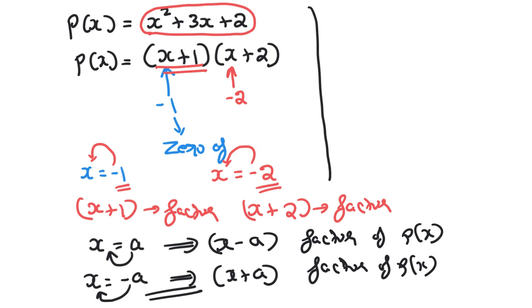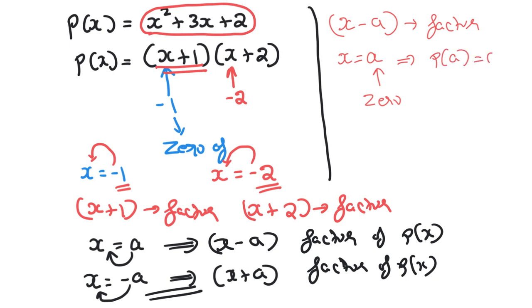Let's do it the other way now. If x minus a is a factor of the polynomial, can I say x is equal to a, and a will be the zero of the polynomial, which means p of a will be equal to 0.